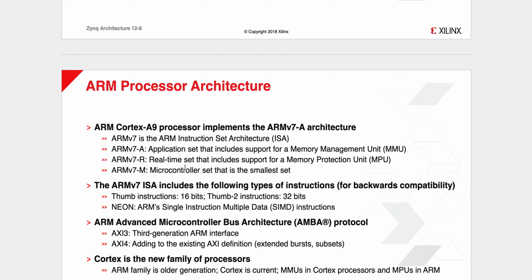So in summary, the ARM Cortex A9 processor implements ARM v7.